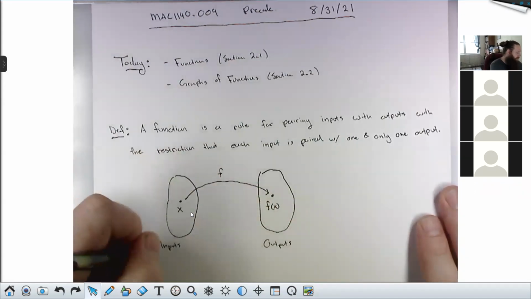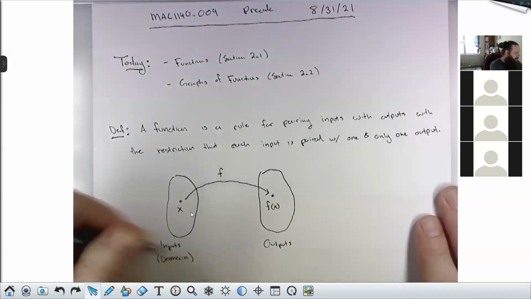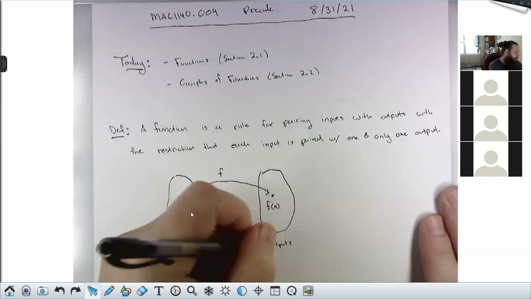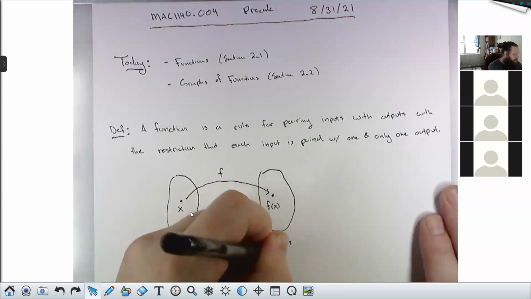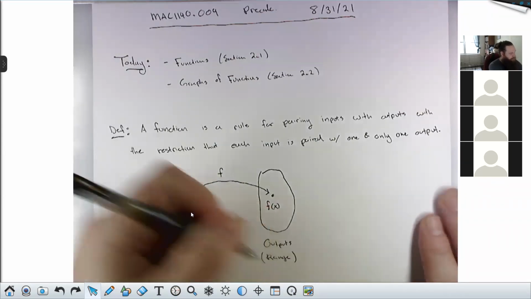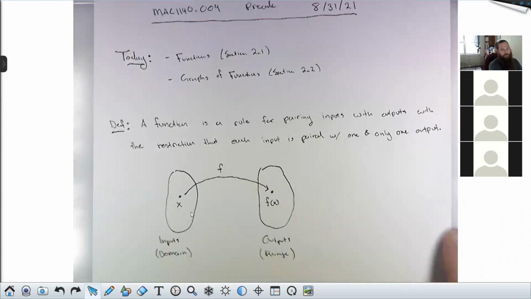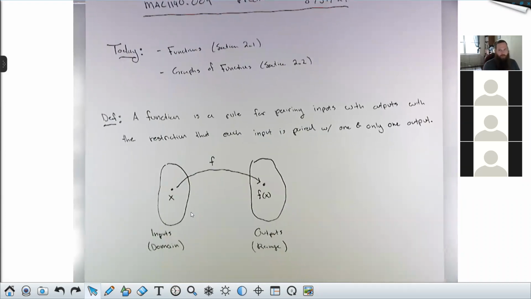The set of all inputs is called the domain, and the set of all possible outputs is called the codomain. If you just restrict to the actual outputs themselves, that's called the range. So finding domains and ranges, we've talked about how to find domains. To find the range of a function, usually you're going to want to look at its graph, and we'll talk about that a little bit.